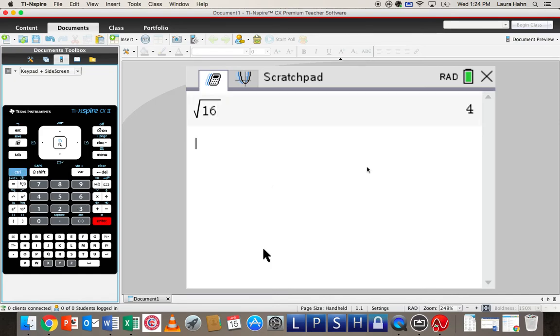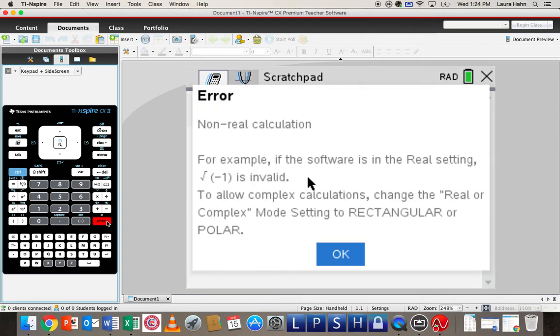And notice it gave us a pretty number, right? Okay, this time on this problem we have the square root of negative 159. Notice I get an error. That's because you can't take the square root of a negative number. Those are what you call imaginary numbers, which we won't learn about in Algebra 1 at all.